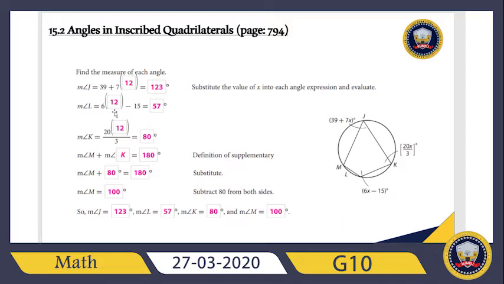The same thing for mL. We substitute x in 6x minus 15, which is 57 degrees. For the measure of K, it is 20x over 3 degrees. My x is 12, so the measure of the angle K is 20 times 12 divided by 3, which is 80 degrees.